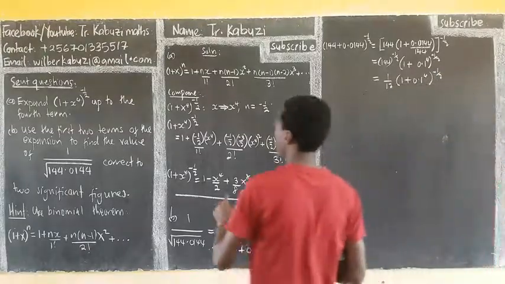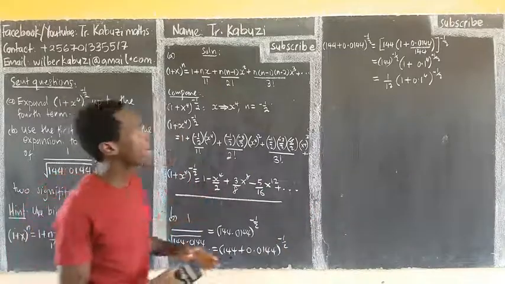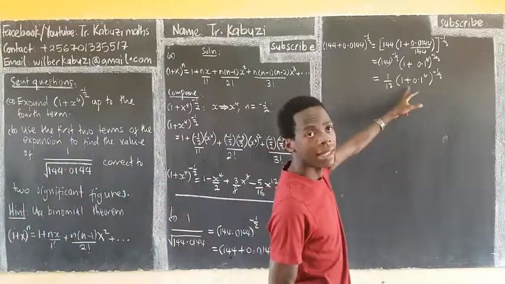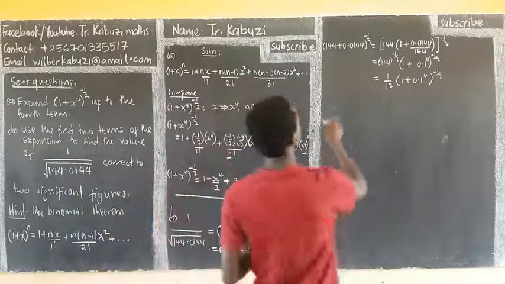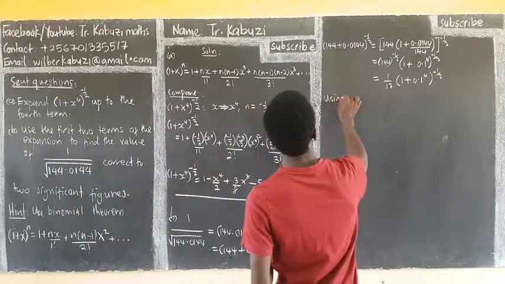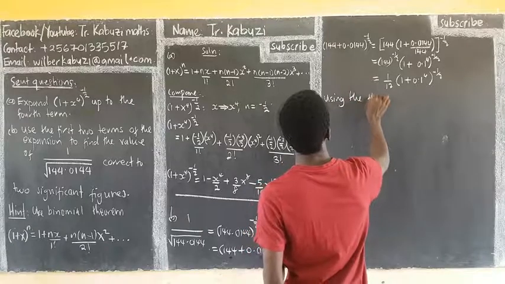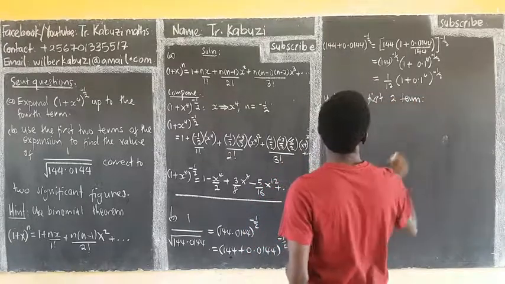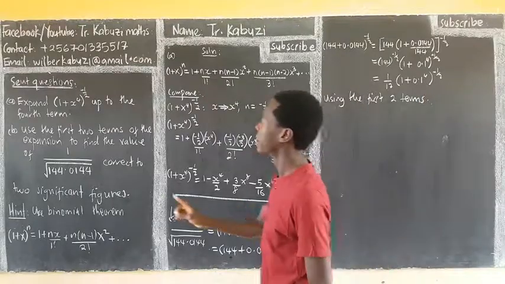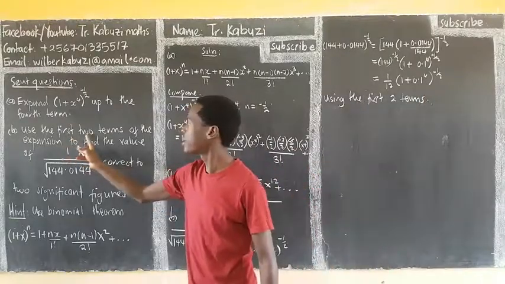So now I have this. Now I don't need to use the first 4 terms, but now you see what I'm having is this. Now I'm going to compare with this. So using the first 2 terms, why? Because the equation says so, first 2 terms.